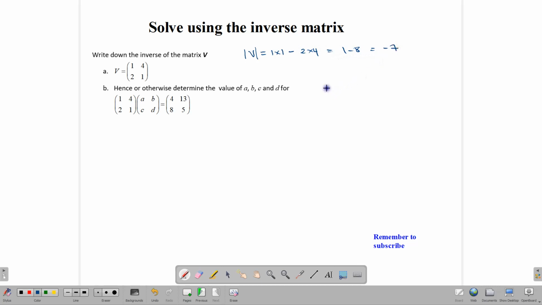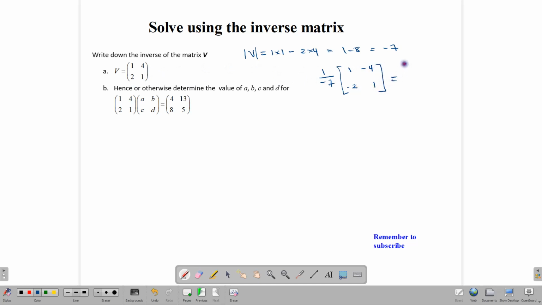Because our determinant is negative 7, our inverse is going to be 1 over determinant multiplied by, switch these two, which doesn't matter right now because they're the same number. And these two change sign, so it's negative 4, negative 2, and 1.